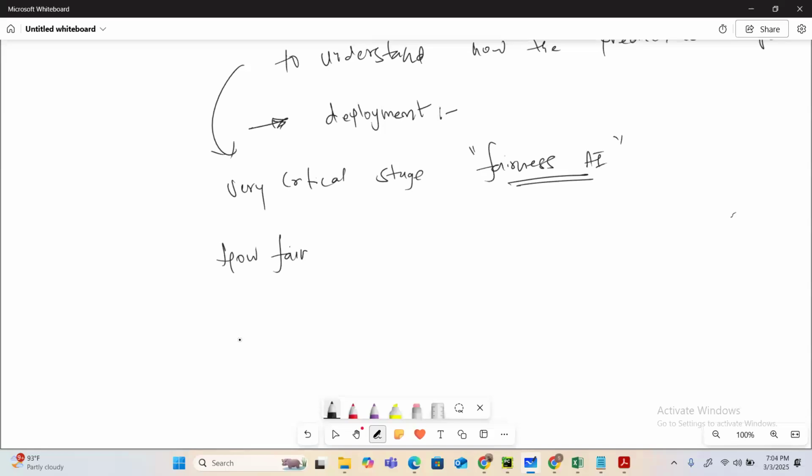How fair our model is doing, good for the below factors.